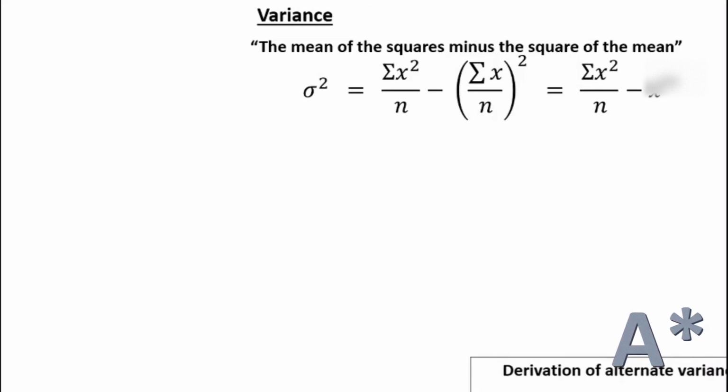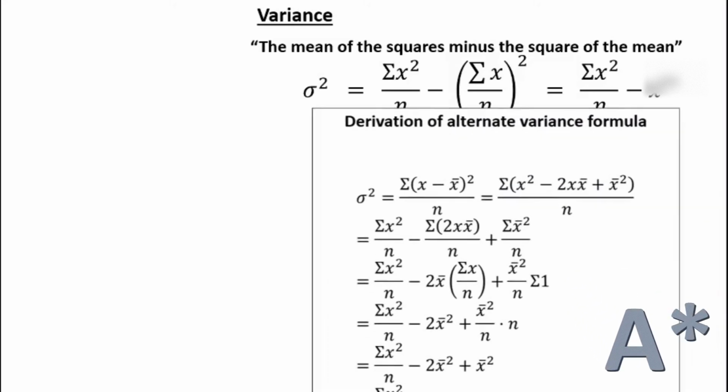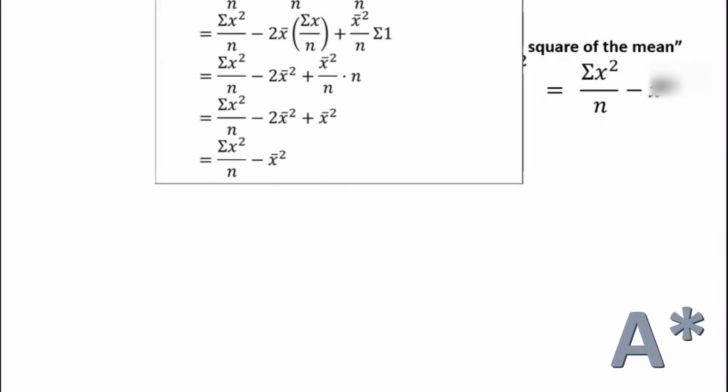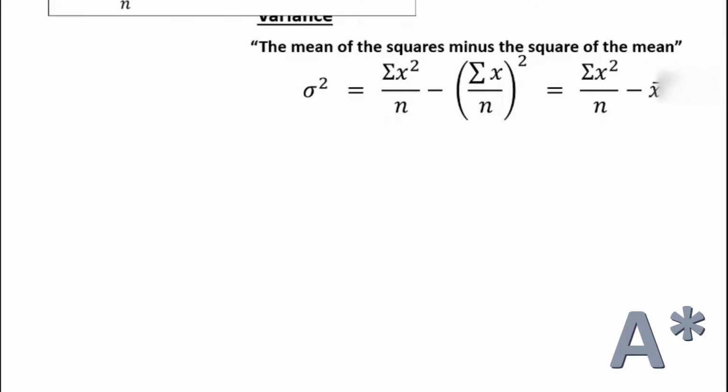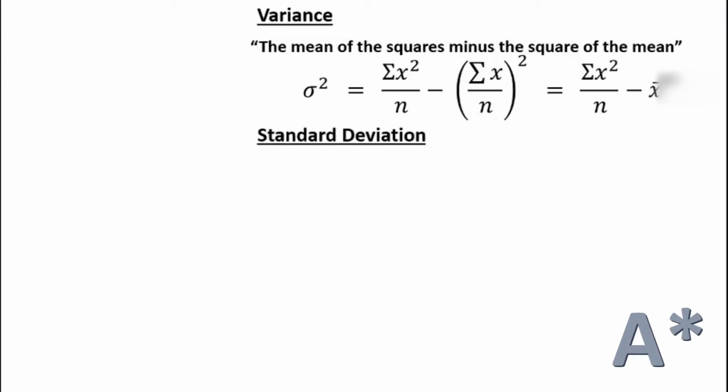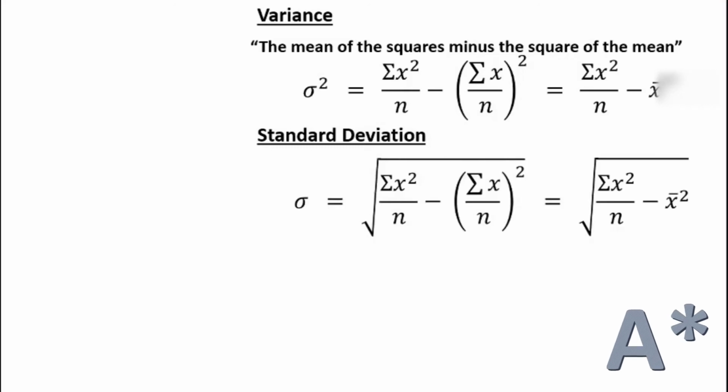Those of us studying further statistics, we will come across this, or at least make use of proofs just like this later on in the year. A benefit of this alternate form of the variance and standard deviation formula is that it actually contains some quite useful and easy to find summary statistics. If you notice, we only have 3 terms that we might need to find: the sum of x squared, the sum of x, and an n value.